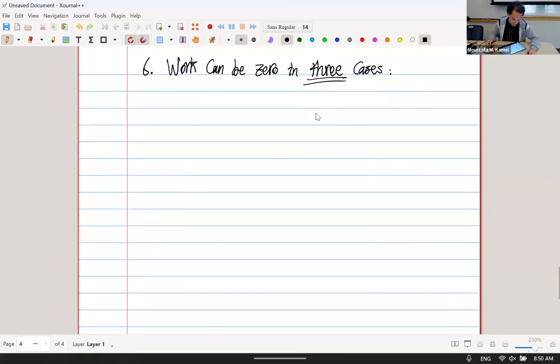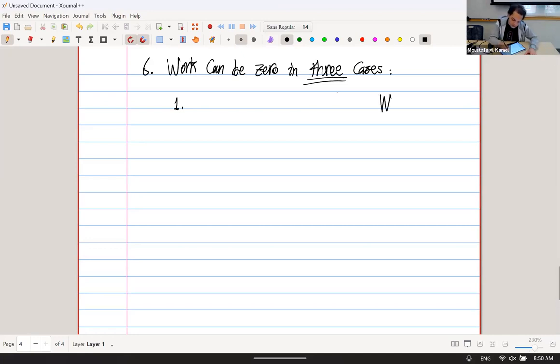As we said, work can be zero, but there are three cases in which work can be zero. So any ideas when work can be zero? So there are three cases. Any thoughts?